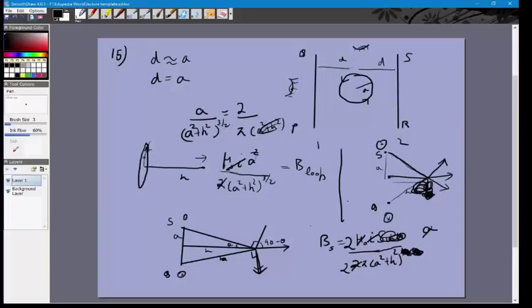right? So a square plus h square we can cancel, this will be root of this, means this to the power 1 by 2 is 2 by pi.